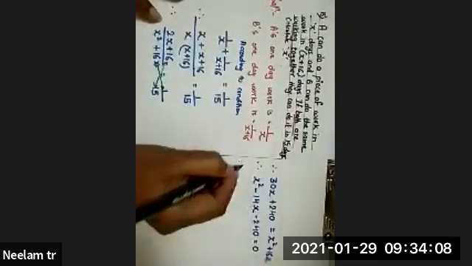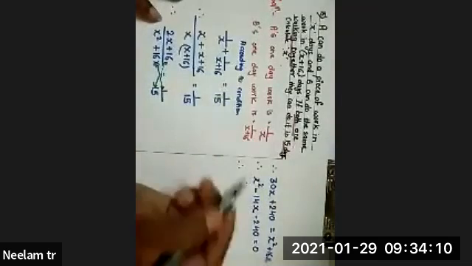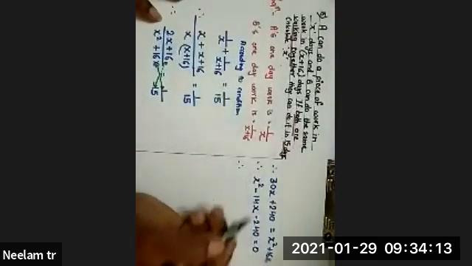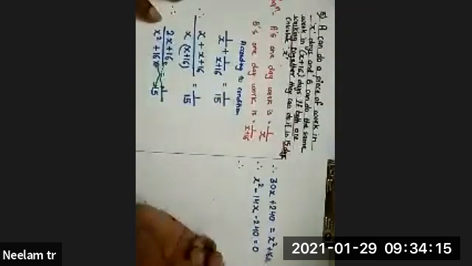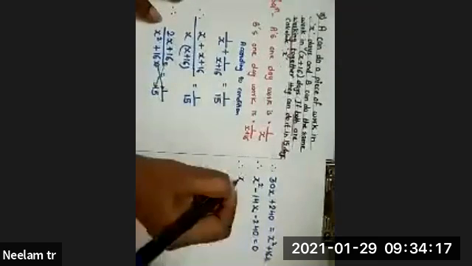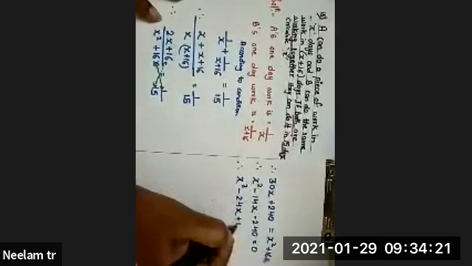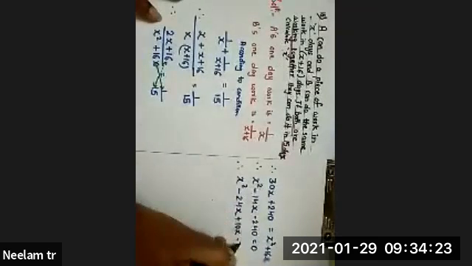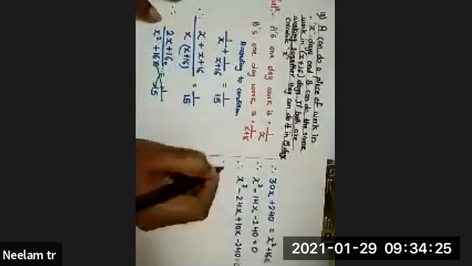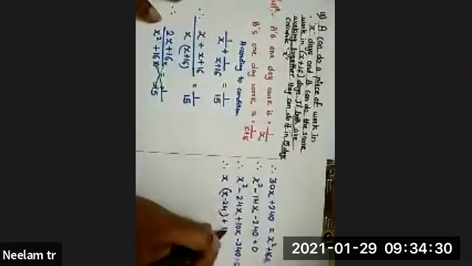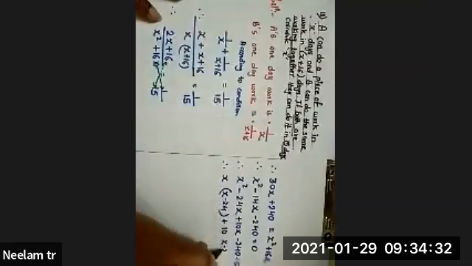I'll make it quick. 24 tens are 240, 24 minus 10 you will get 14. Yes, x square minus 24x plus 10x minus 240 is equal to 0.